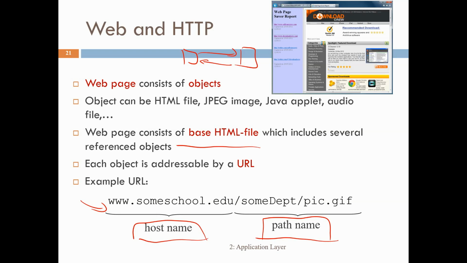And then you go and request each object independently using its URL, and then the server sends them to you. And once you receive all the objects, or as you are receiving objects, your browser actually compiles them and shows you the web page that you are requesting. Okay. This is basically the process that HTTP facilitates. It's the request of objects from a destination.